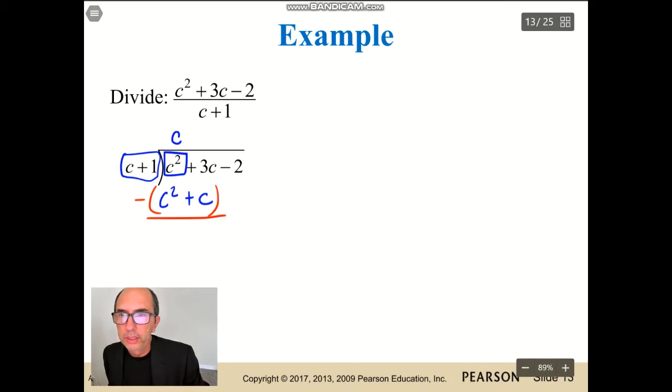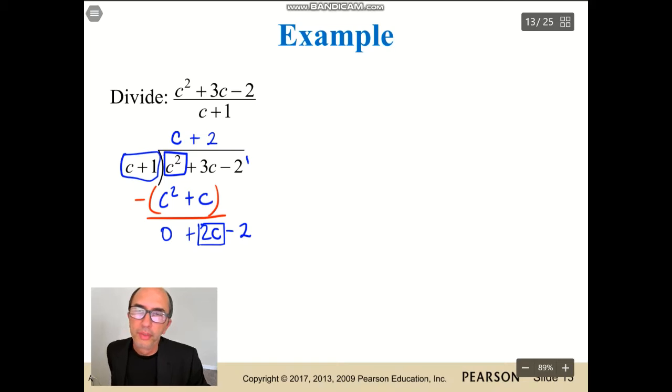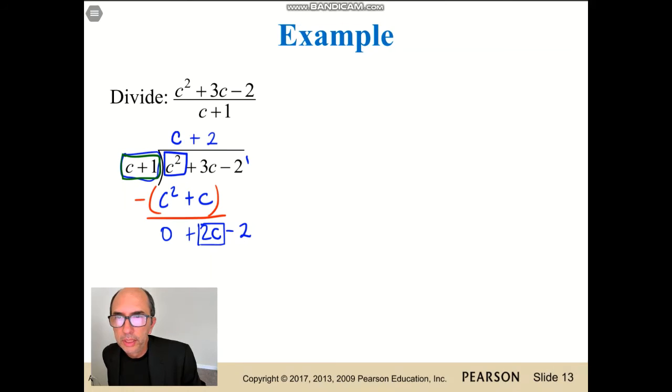Subtract. And c squared minus c squared, 0. Positive 3c minus c, positive 2c, right? Drop negative 2, and then divide 2c by c, plus 2. Multiply positive 2 by the whole divisor, 2 times c, 2c, 2 times 1, positive 2, right?